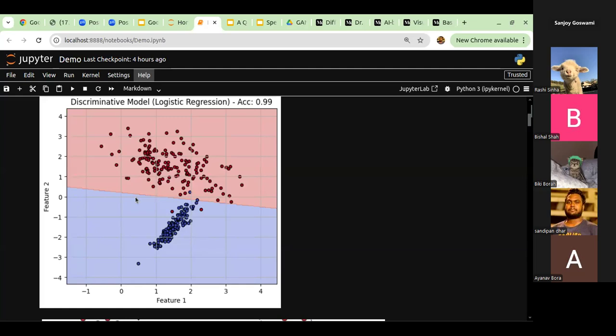But see, logistic regression is basically doing a normal kind of normalization. If you remember, the function is 1 by 1 plus e to the minus x. It takes x, does the normalization, and then gives you the corresponding label.